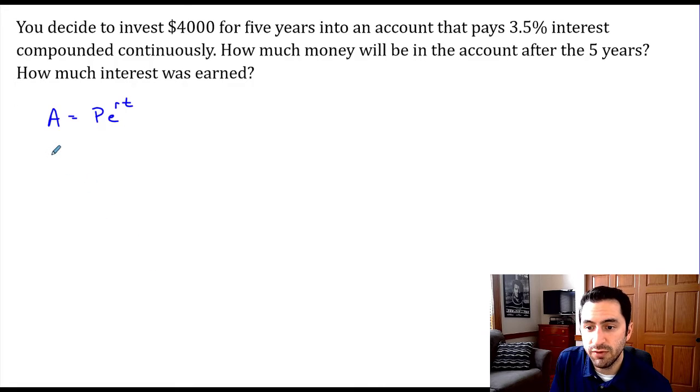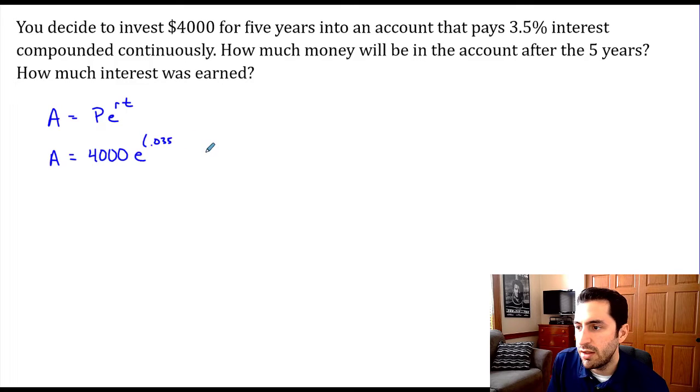So our principal investment, the amount of money we're putting in, is $4,000, so we'll plug that in for P. We have e, and then we're raising this to the rt power. So r is my rate, written as a decimal, so that is 0.035. And then we have 5 years, so we'll multiply that by 5.